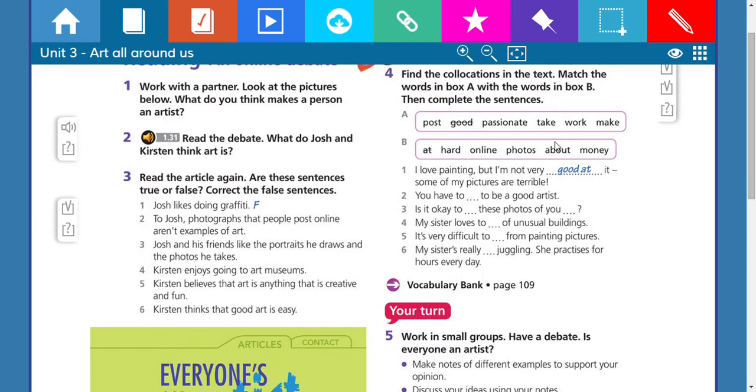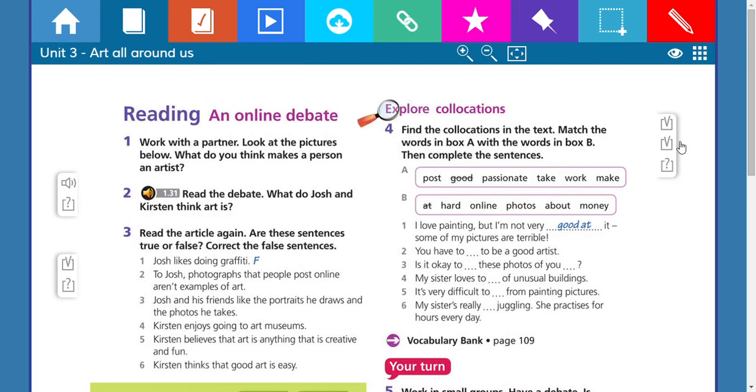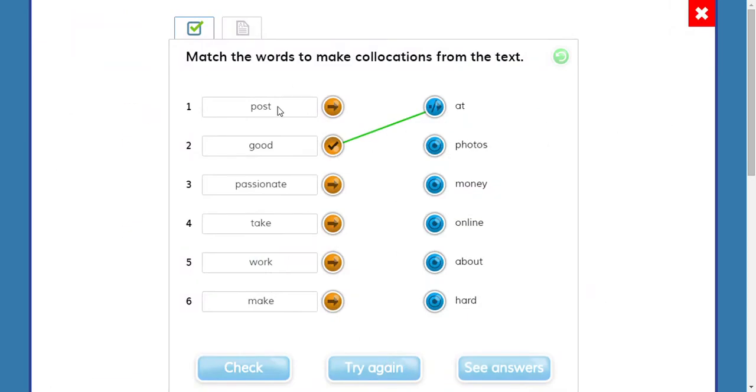So number 1, very good at. No, let's see. Post photos, post money, post online, post about, post hard. Post photos, okay. Passionate about. Take money, take online, take hard.